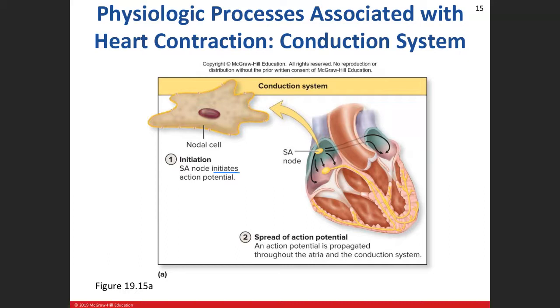They send the action potentials out in every direction, 360 degrees, and it causes depolarization of the atria. That's what this picture shows us. The SA node initiates those action potentials, and they go out in all directions and downwards towards the atrioventricular node, or the AV node. We'll talk about that whole process.